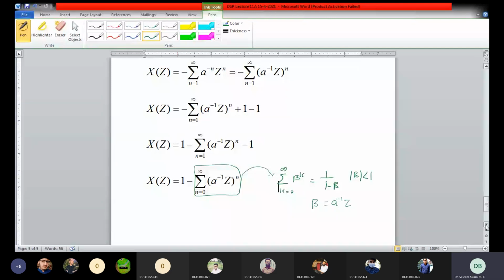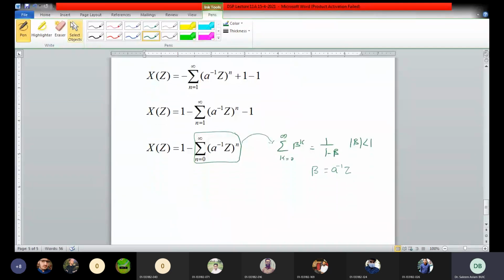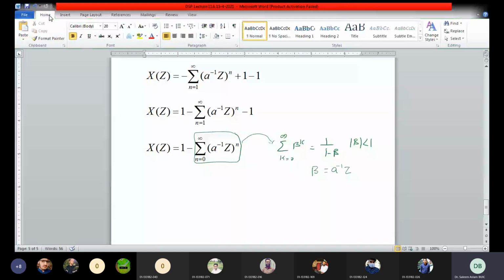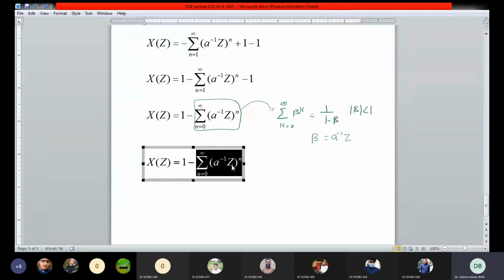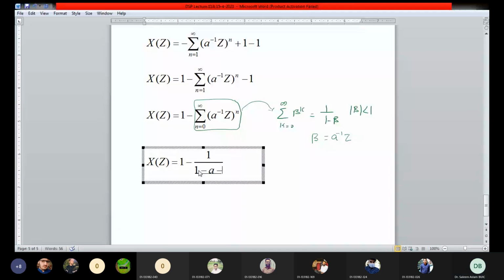Okay? Yes, sir. Let's further simplify this expression. I know I can write this. I can remove this summation and replace it with 1 over 1 minus A inverse Z, and this A inverse Z is like this.